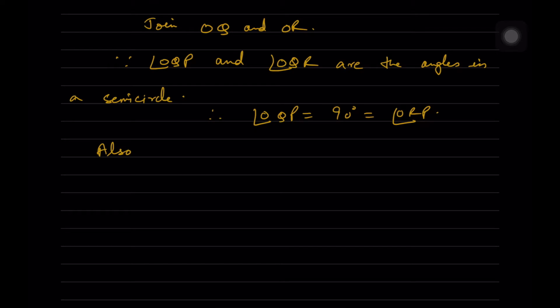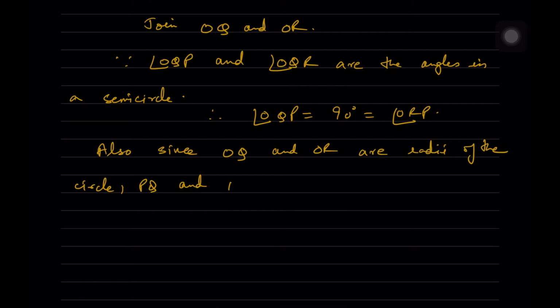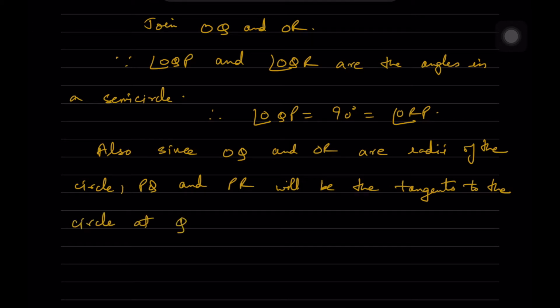Also, since OQ and OR are radii of the circle, PQ and PR will be the tangents to the circle at Q and R respectively. So this is the justification part.